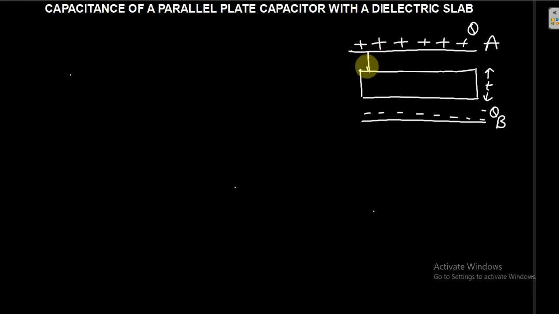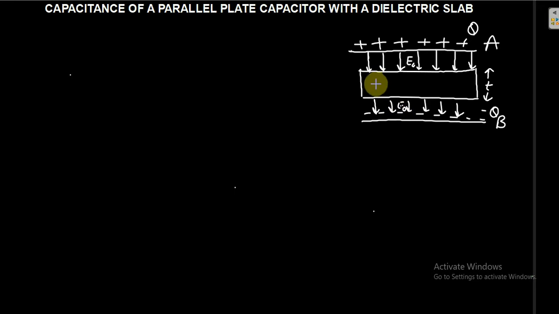Because of this positive and negative charge, a field will be generated, which we call the external field due to the positive and negative plates of the capacitor. Let us give a name to the field. The name of the field is E0.